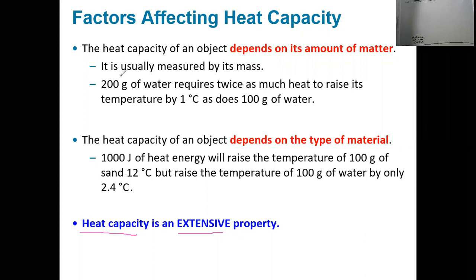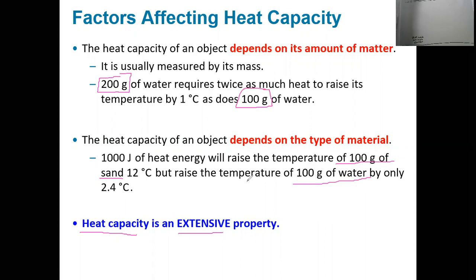So again, just looking at the specifics, 200 grams of water is going to require twice as much heat to raise its temperature than 100 grams of water. All right, so it's mass dependent. Now, if you're looking at two different substances, though, if you have 100 grams of sand and you have 100 grams of water, the masses of those two things are the same, okay?